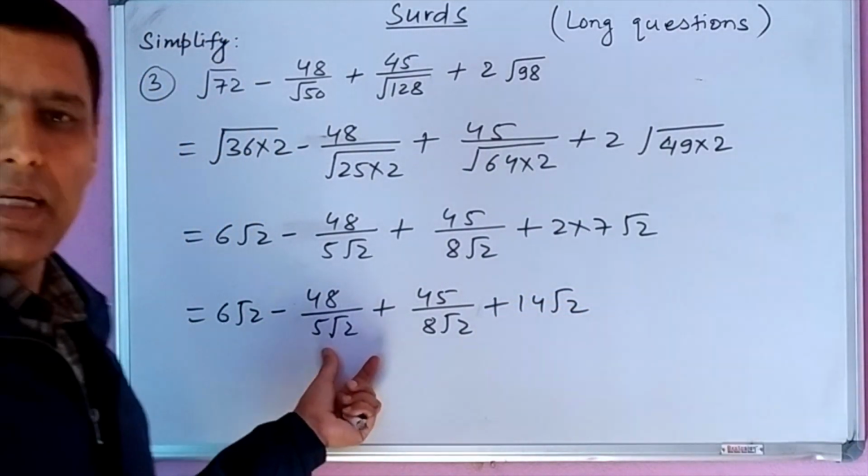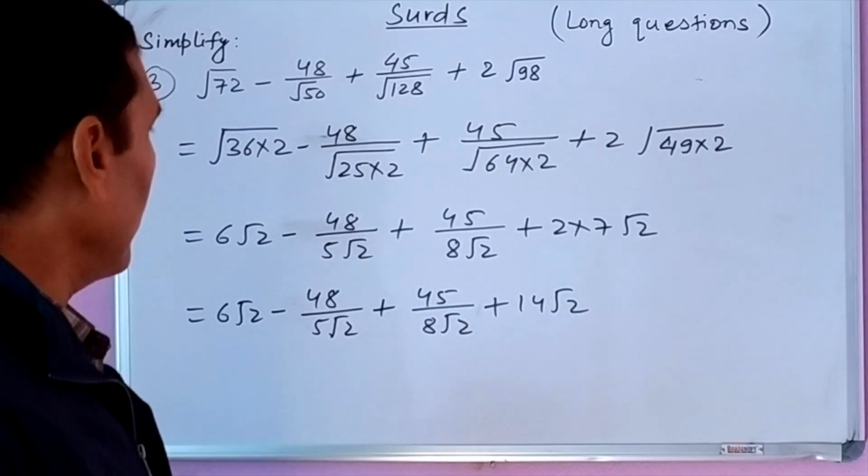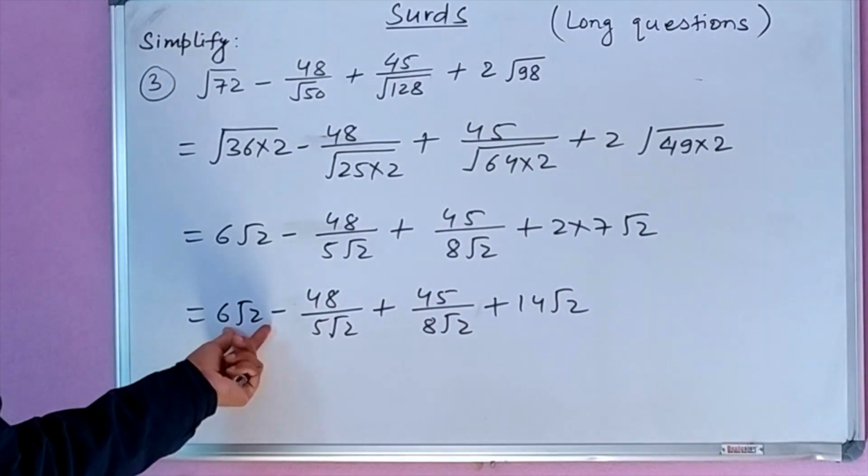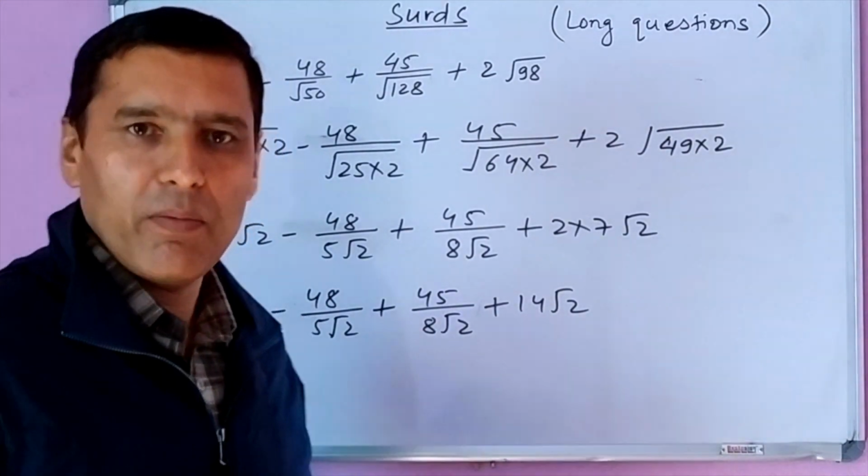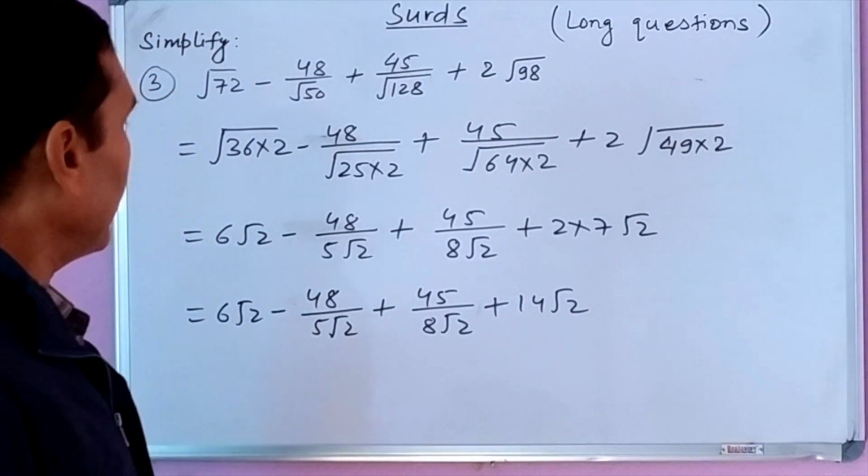Now the denominator of the second term is 5 root 2, the denominator of the third term is 8 root 2, the first term has nothing, so 1, and the last term also has denominator 1. So we have to take the LCM of the denominators.